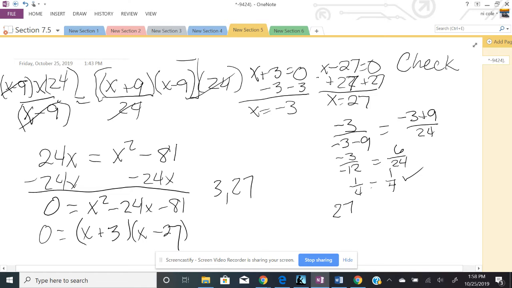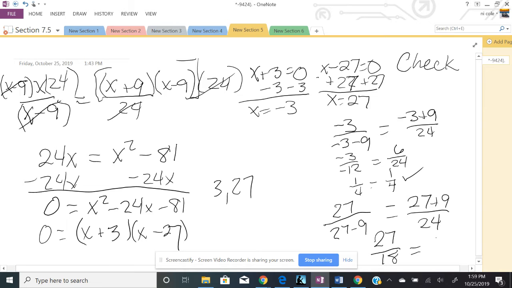So 27 over 27 minus 9, is that equal to 27 plus 9 over 24? All right, so let's check. So I got 27. So effectively I have 27 over 18.